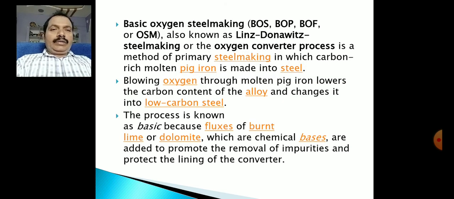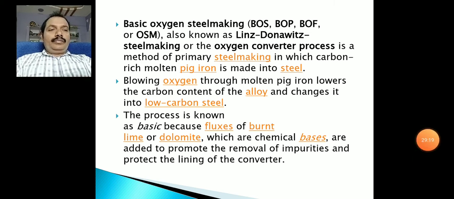So the basic oxygen steel making, BOS, BOP, BOF or OSM, also known as Linz-Donawitz steelmaking, or the oxygen converter process, is a method of primary steelmaking in which carbon-rich molten pig iron is made into steel.